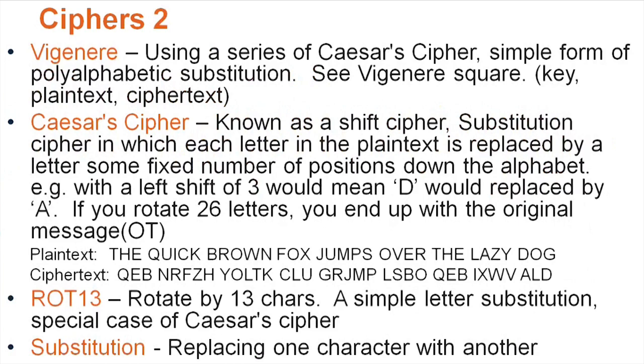To undo that, you would unrotate by 3, unrotate by 3, and unrotate by 3 again. Hopefully that makes sense. If you rotated twice with a ROT13, then you end up with the original text. So for substitution, you can replace one character for another. A simple substitution is just saying that for every A, we're going to replace it with a D, and for every Z, we're going to replace it with a B.